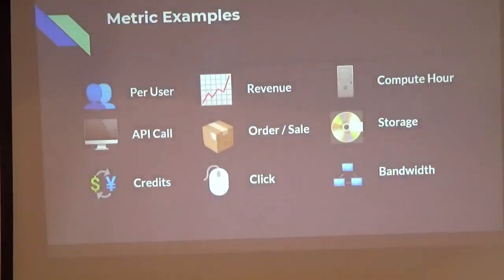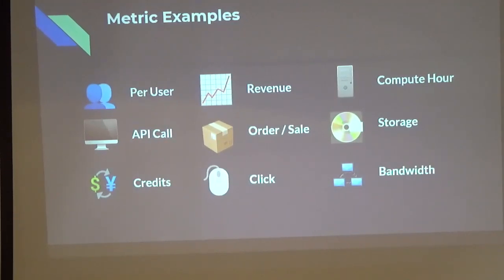So here are some examples of common metrics you'll find in cloud software. Per user: for every user you have using your product, you pay a monthly fee or a yearly fee, whatever it may be. Per API call: these are popular for machine learning type services that Amazon, Google, and Microsoft have. Credits: those are things like games where you might buy gems in an app. Revenue generated: some e-commerce platforms will charge based on how much revenue you generate through their platform.